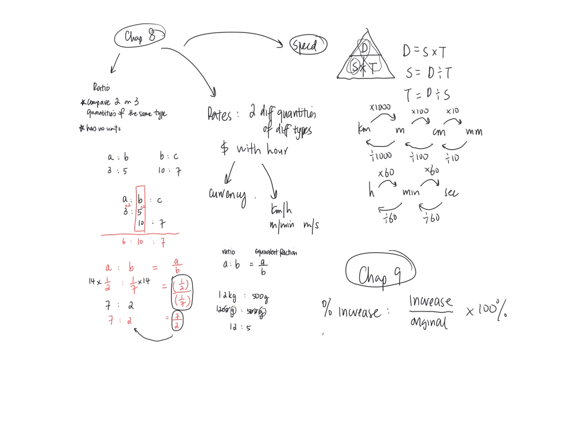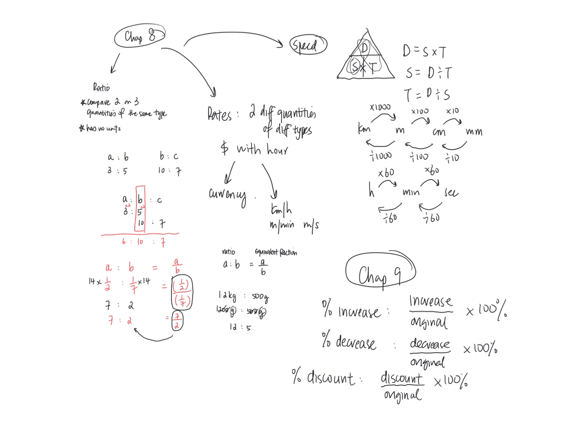If you want to find percentage decrease, then it's decrease over original times 100%. Then what else do you have? Oh, discount. If you want to find the percentage discount, it will be the discount you get over the original times 100%.